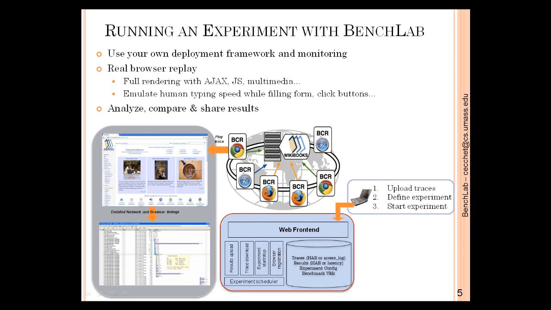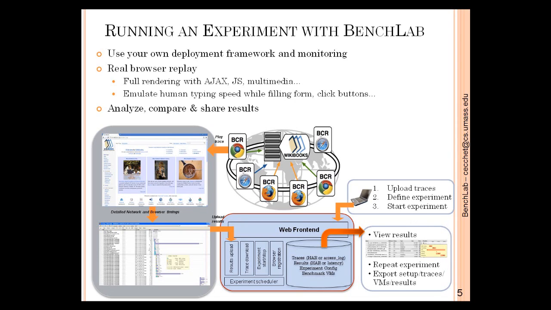Then they play the trace on the Wikibooks server, so they gather information about the page rendering, the time to render the page, and all this kind of information. Then the traces are sent back to the web application, and the web application stores the results, and then we can exploit the results and analyze the produced data.